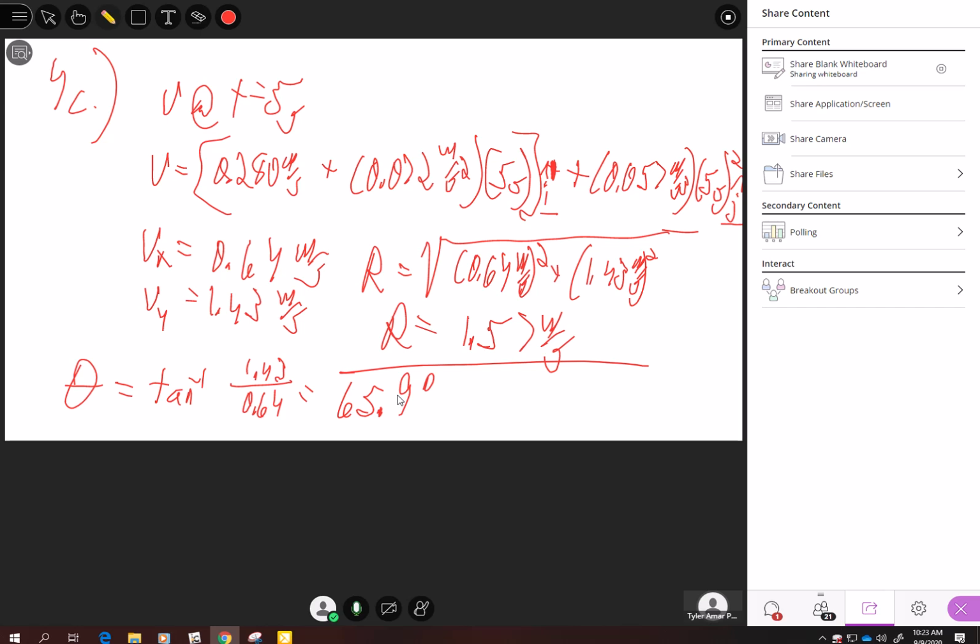So how would that look if we drew it on a graph? Well, it's probably going to be somewhere like that, a little bit higher than 45. Okay? Everybody good? Does that help? So there's your direction, and there's your magnitude. Any questions? Oh, that's a really good problem.